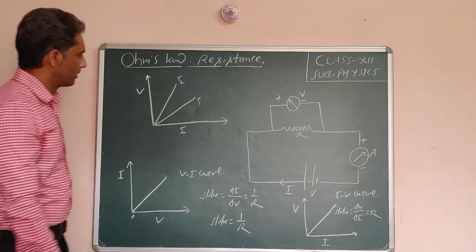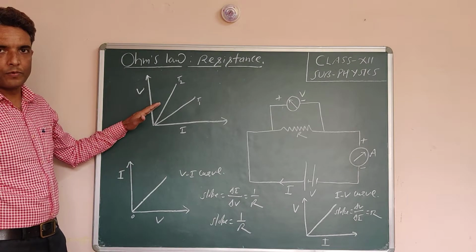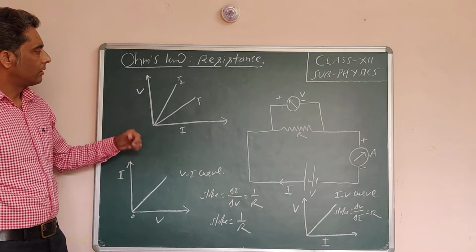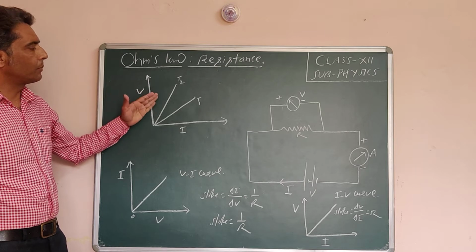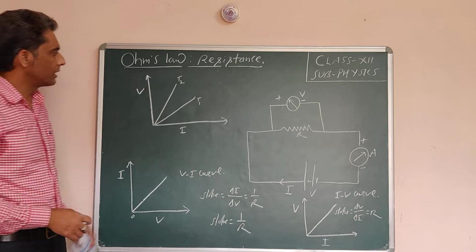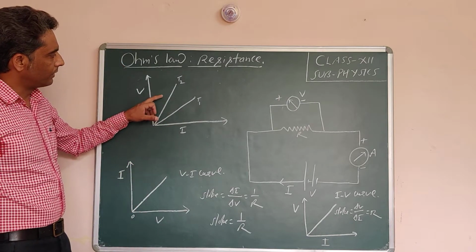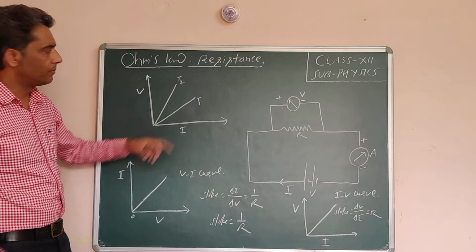Then from the value of slope we can predict at which temperature the resistance of the conductor is large. So in this case, the slope of this curve is greater than the slope of this curve.